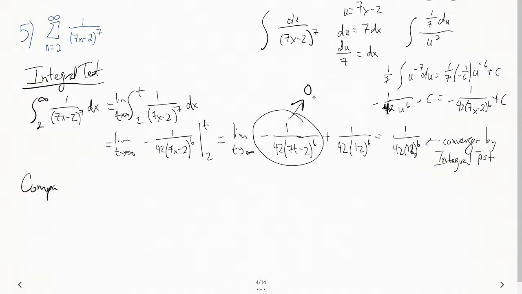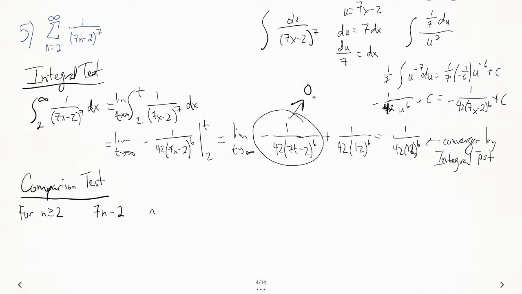So in the comparison test, let's compare two things. First off, for n greater than or equal to 2, if we compared 7n minus 2 and let's say n, which one's larger?